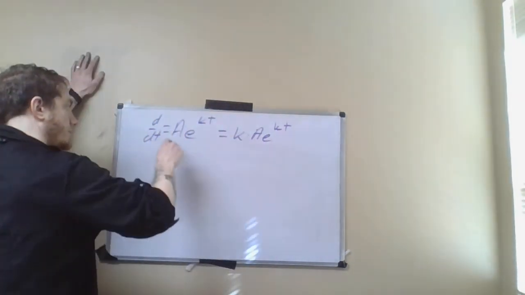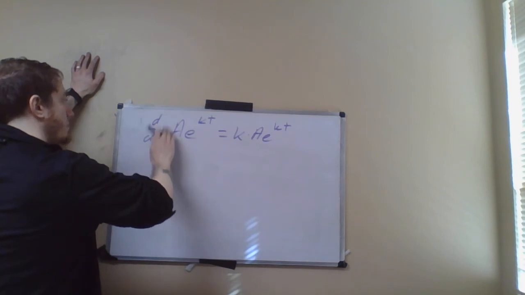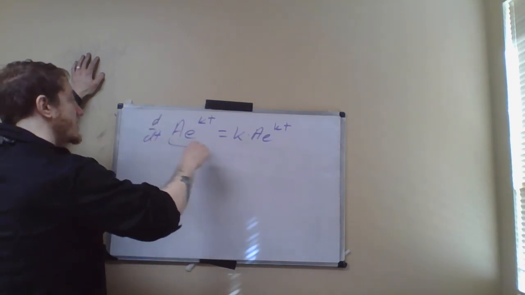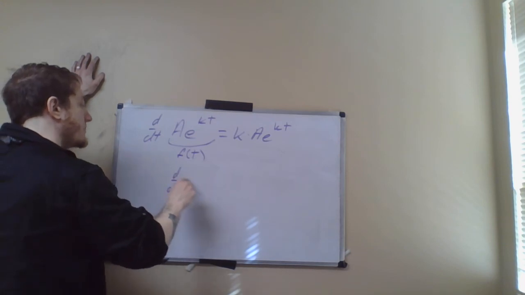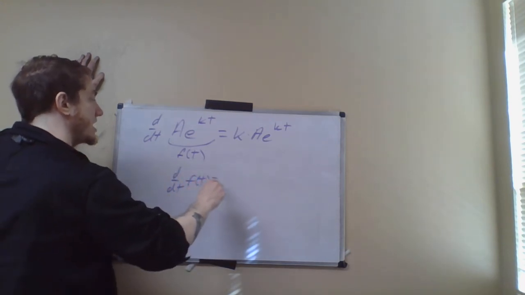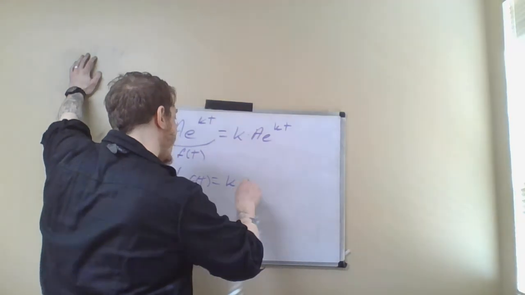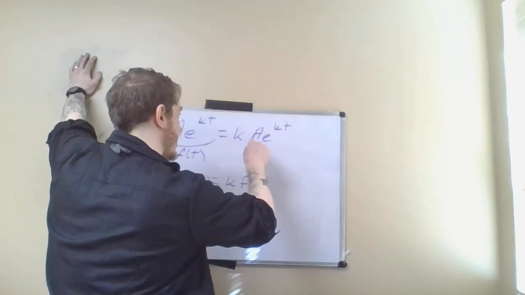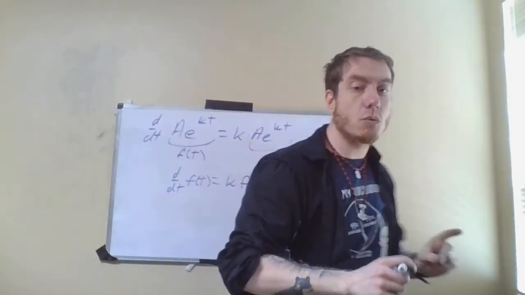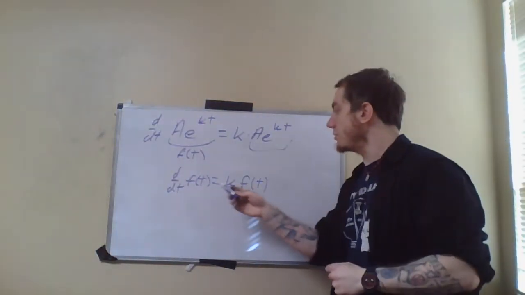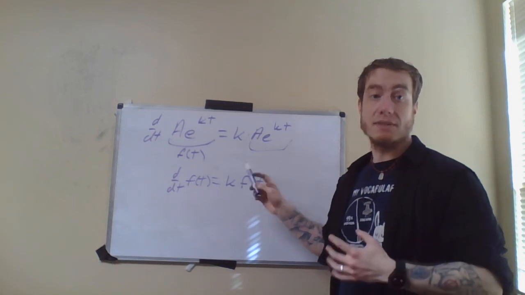In other words, if I think of this as f of t, the derivative with respect to t of f of t is actually equal to k times f of t, because this is, once again, just f of t there. A lot of things in the real world turn out to be modeled by something that obeys this kind of a relationship.